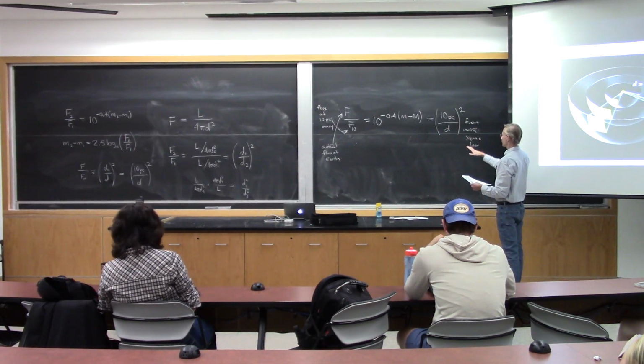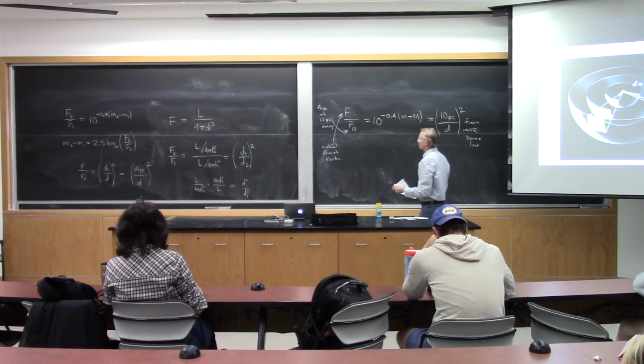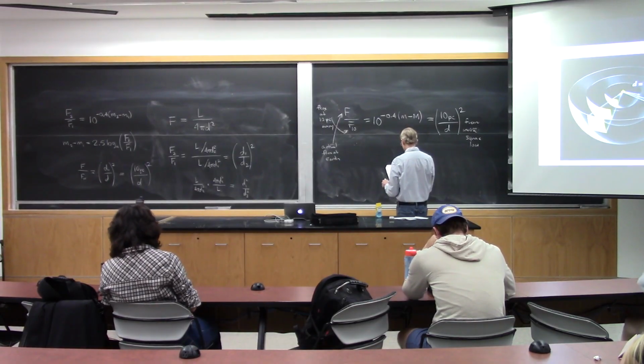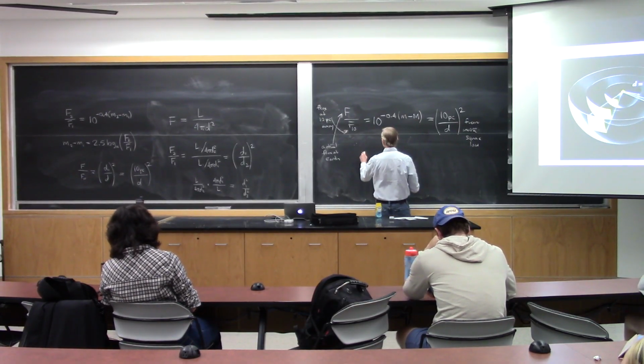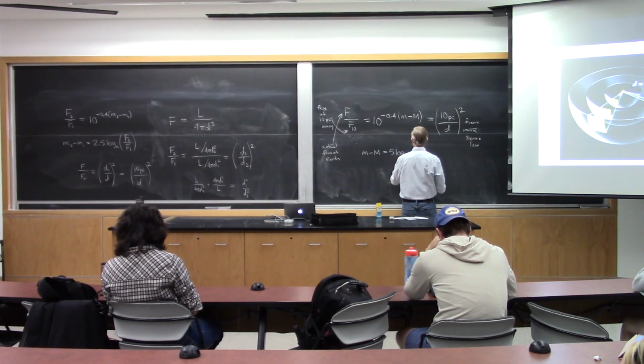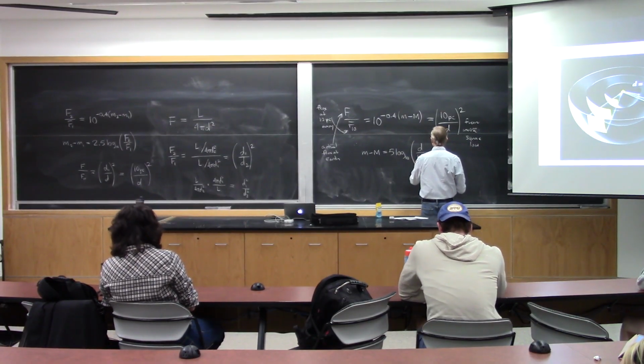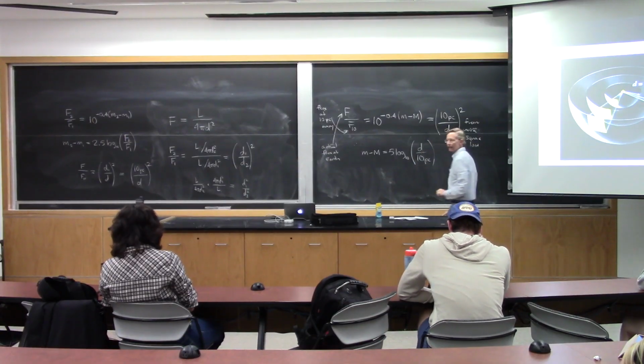So this would be one way to put it, or we can do the inverse of this. We can rewrite this as little m minus big M is equal to 5 times the base 10 logarithm of the distance divided by 10 parsecs.